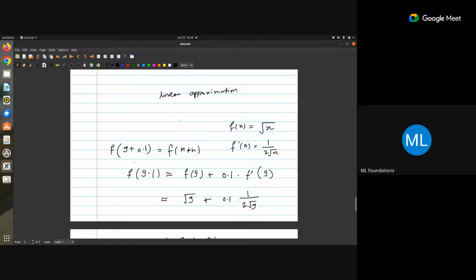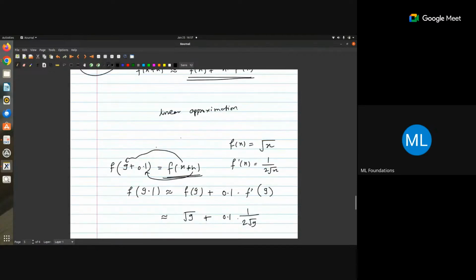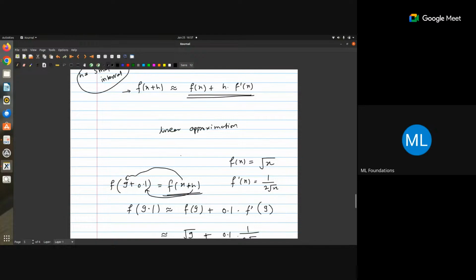Do you understand this part? f of x plus h. x is what? 9, right? And h is that interval where you want to see the value. Now if I use this formula, f of x plus h equals f of x plus h into f dash of x.